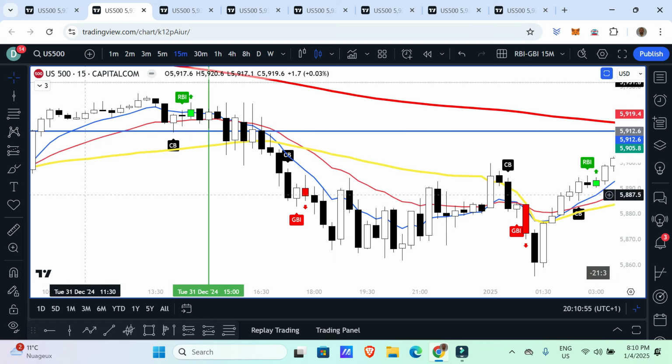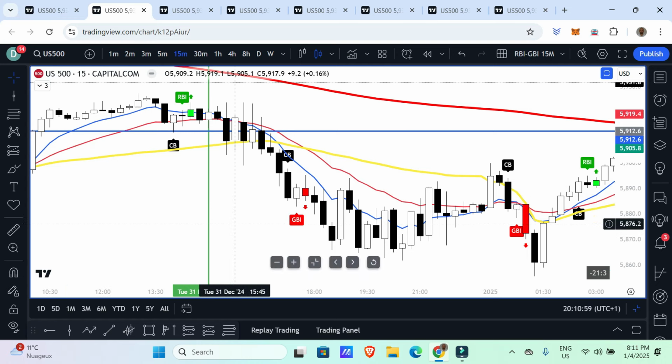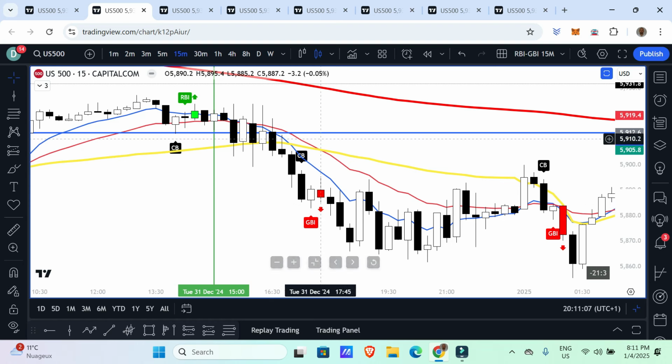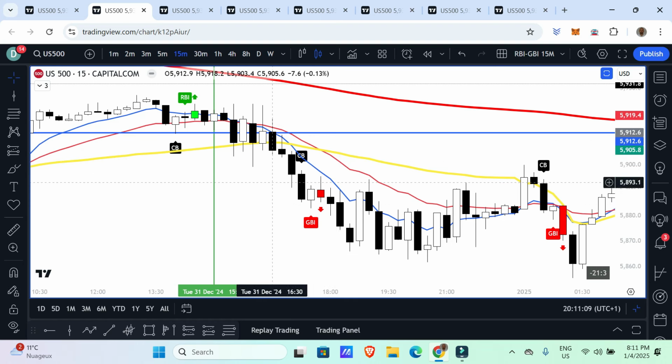Let's go to Tuesday, that was 31st December. You can see here the green line. Then we open at 3:30 p.m. European time, that's 9:30 New York. We can see the blue line and the little red line are pointing down, so the 9 EMA crossed the 20 and the VWAP and the 200, of course, already.